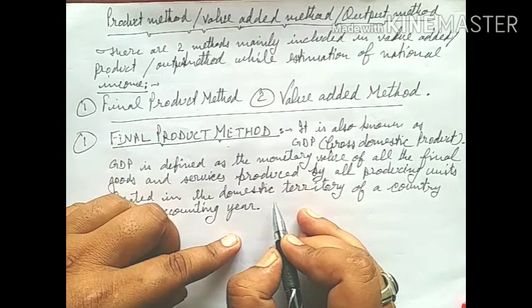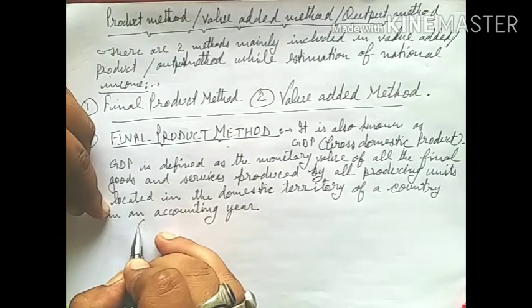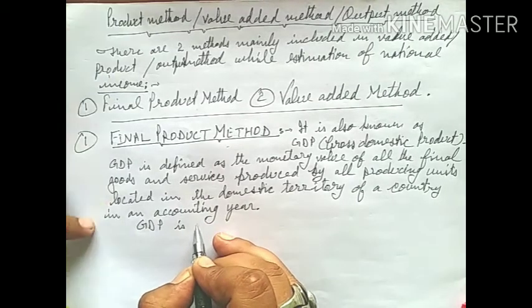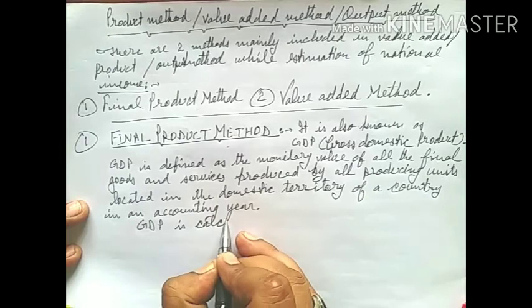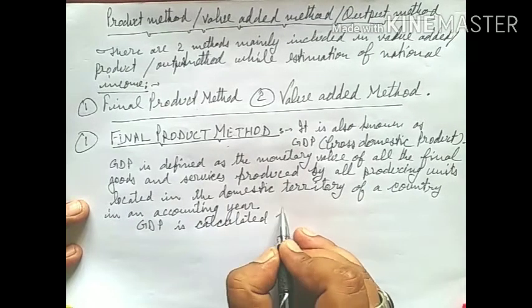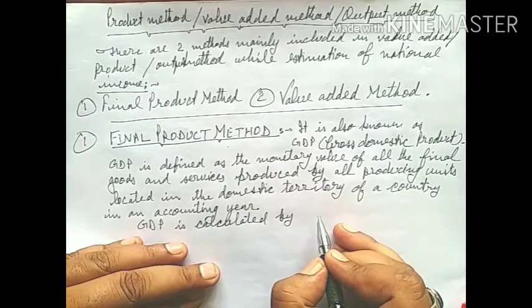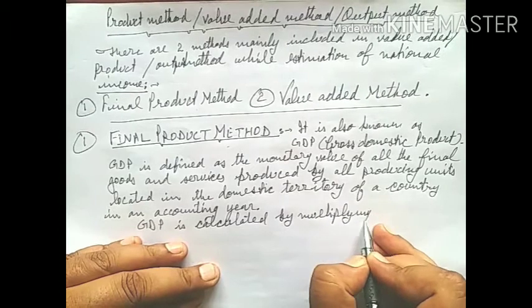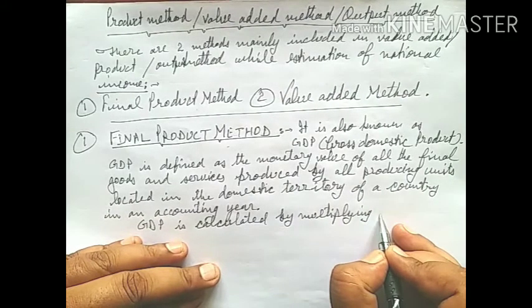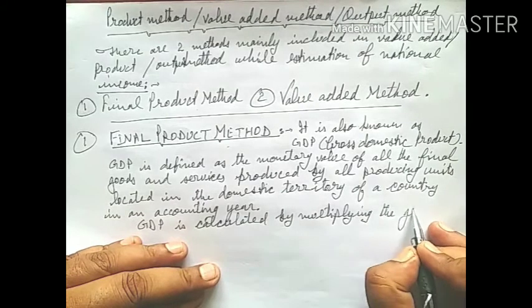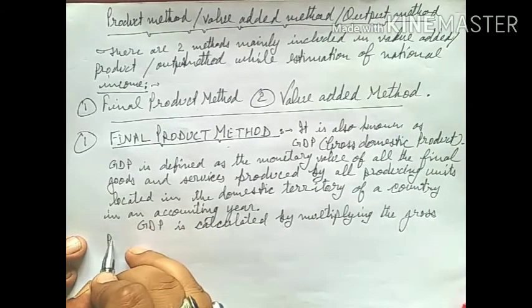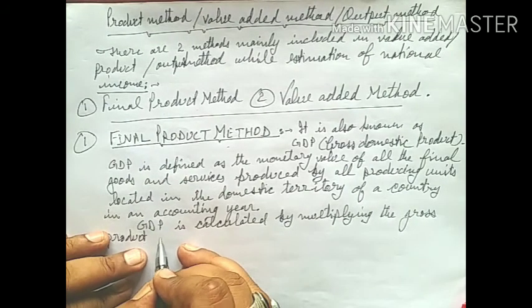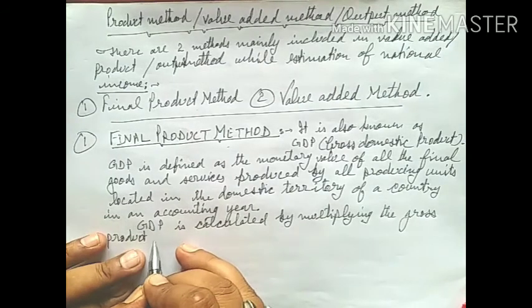Students, GDP is calculated by multiplying the gross product with market prices.